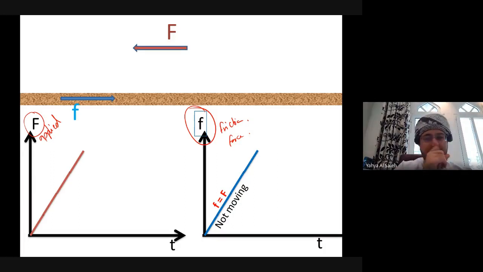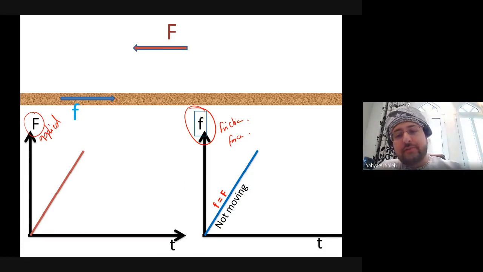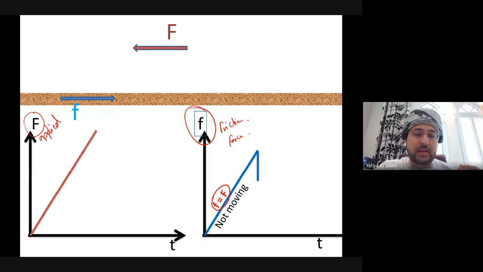As long as the friction force is equal to the applied force, there will be no movement. The only time when there is movement is when the friction force is less than the applied force.